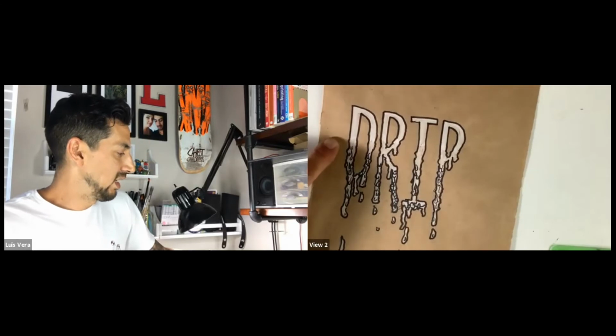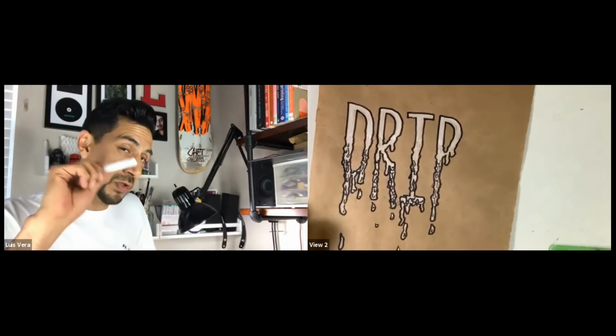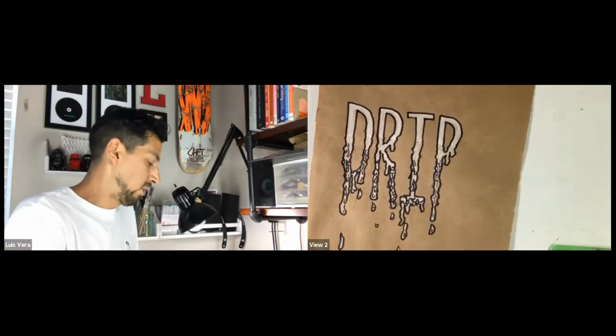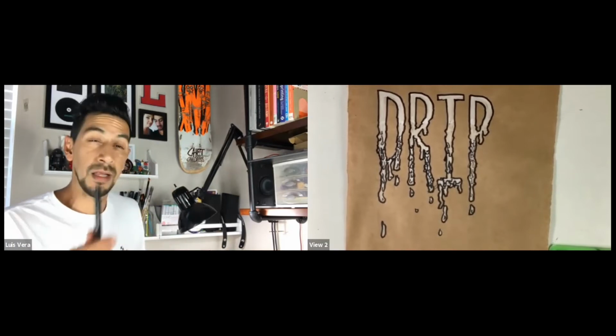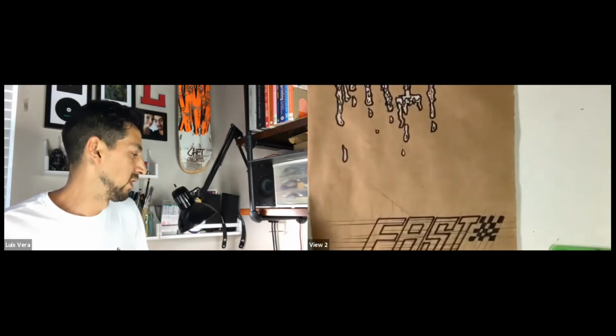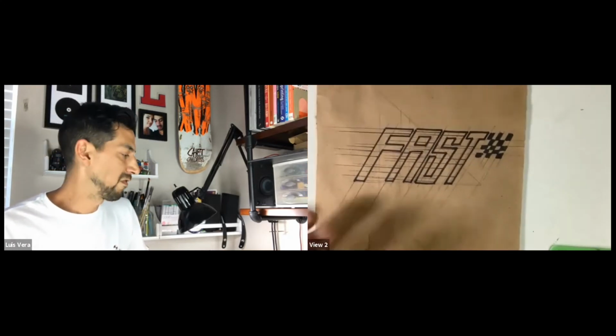As you can see, I first started drawing the white part, and then I went and outlined it with the black part and tried to make it look as drippy as I possibly could. Another example that I did, using some of the elements that I showed you earlier in terms of lines, top line and cap line, was the word fast.